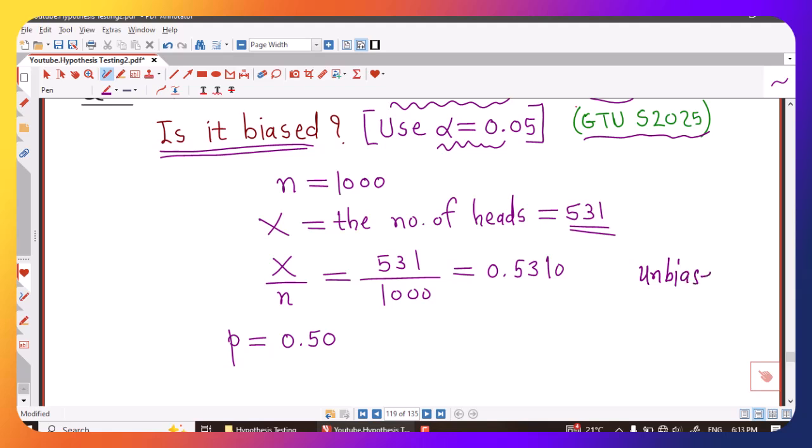If the coin is not biased, then there are 50% chances either for head or for tail. That means the proportion of heads is 0.50 if the coin is unbiased.